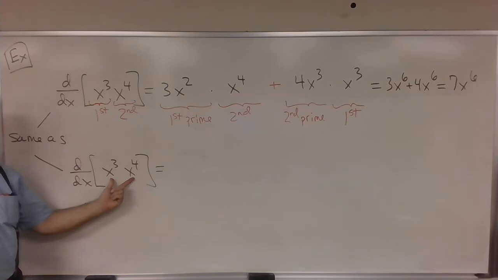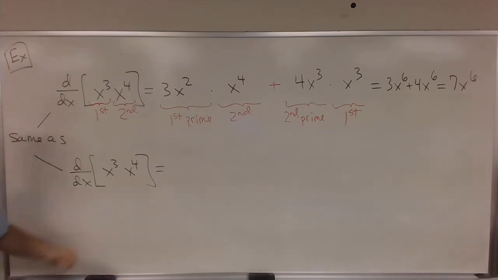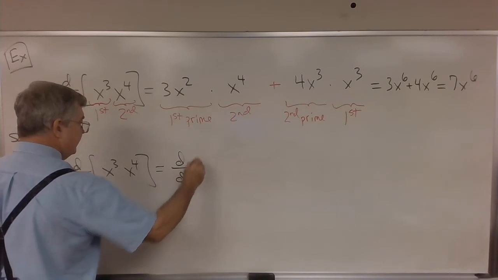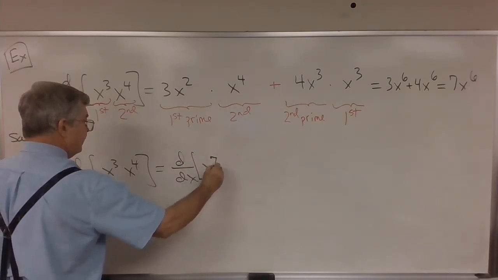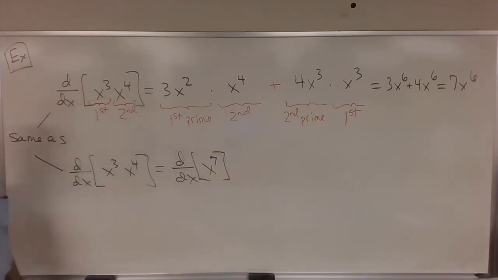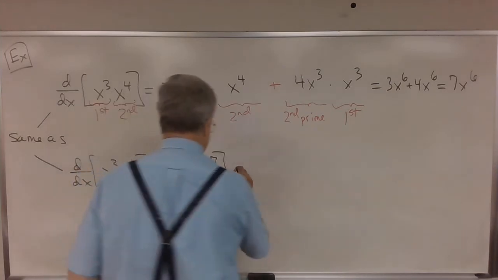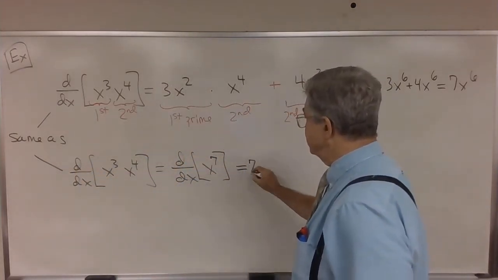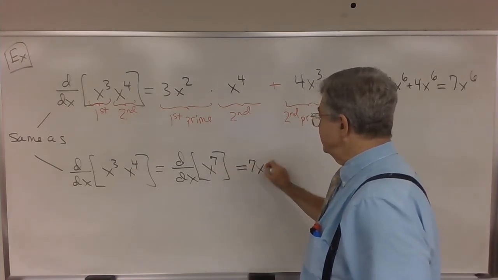We can just combine that into one factor. The exponents add, so this is really x to the seventh. And then from there, we just compute the derivative of x to the seventh. It's a power rule problem. Bring the exponent down front, subtract 1 from the exponent.